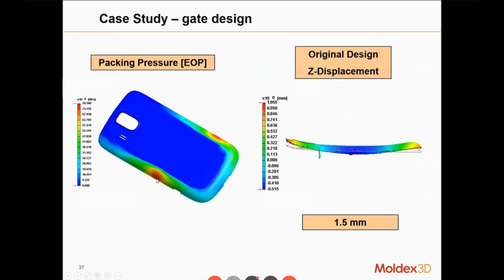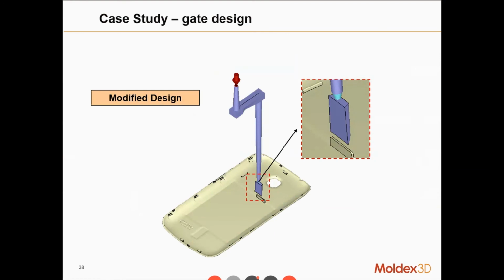So we can see the packing pressures at end of packing. Almost the packing pressure will be implemented at the edge of this part. However, the middle of this part didn't have access to the packing pressures. So the middle of this part will shrink more than the edge of this part, and will have a Z displacement of 1.5 millimeters.